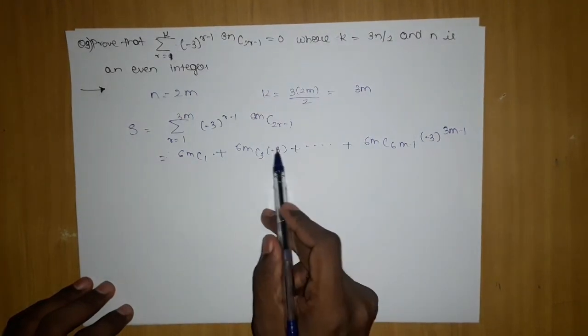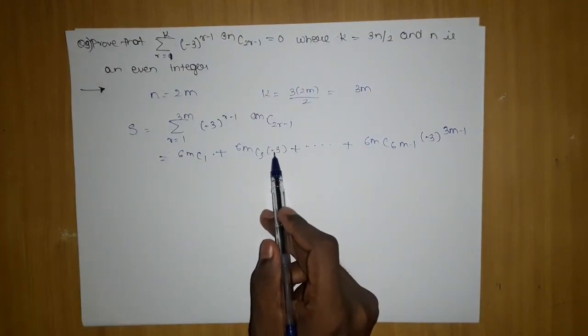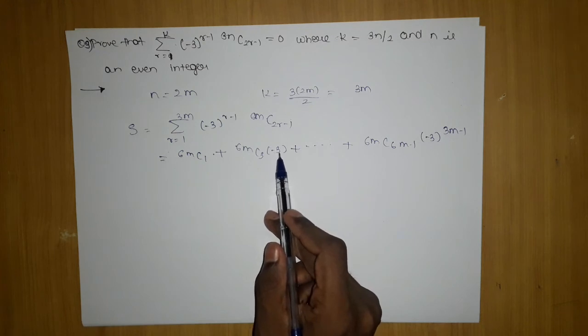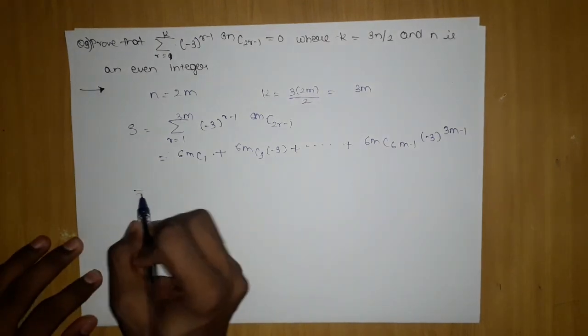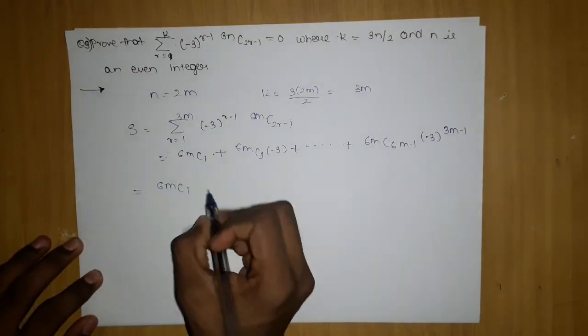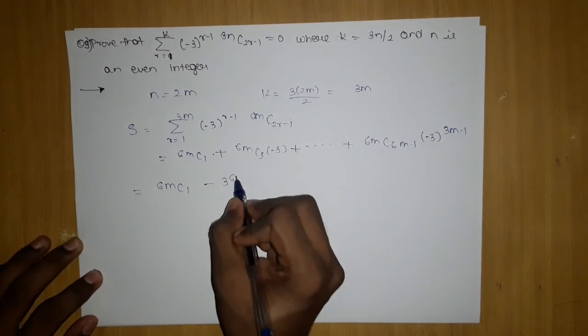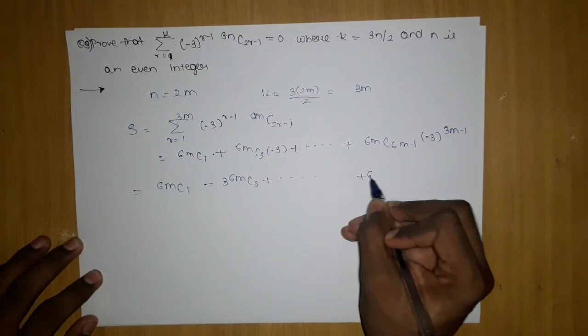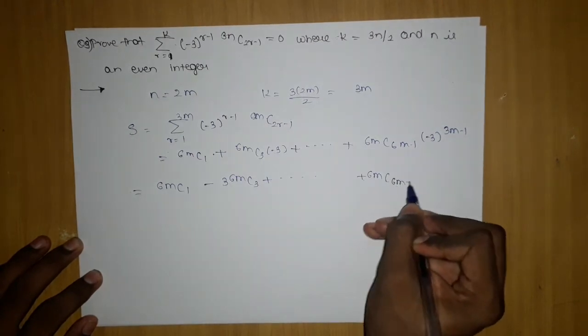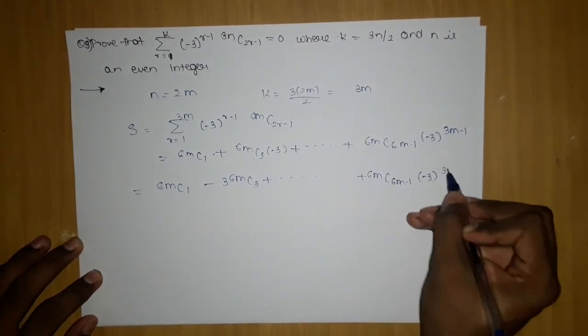So if its power was 3, then our job would have become very simple. Now how to make its power 3, that is our target. Let's write it in a more simplified way: 6m C1 minus 3 times 6m C3, plus something, and in the end 6m C 6m minus 1 times minus 3 power 3m minus 1.